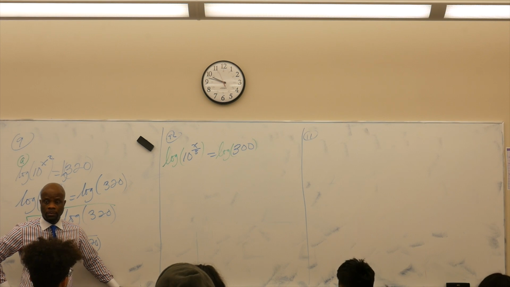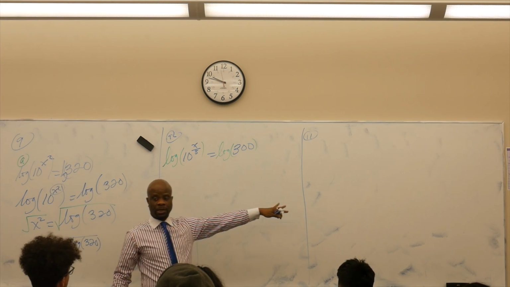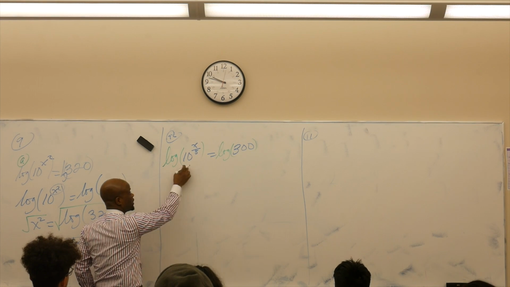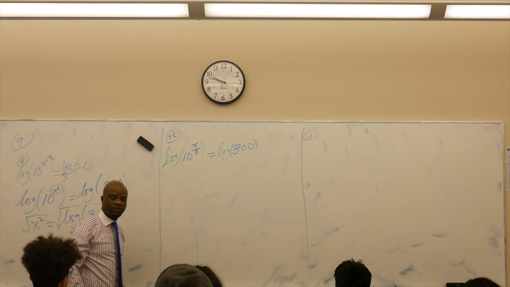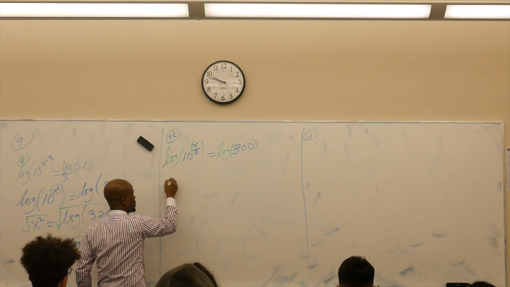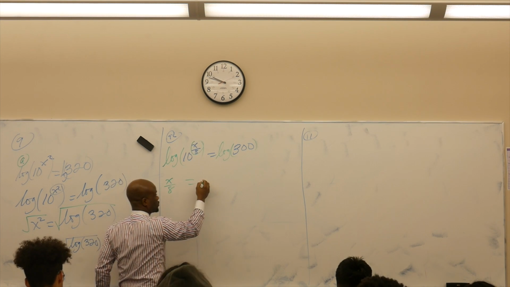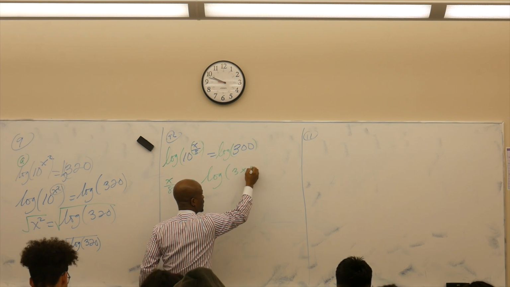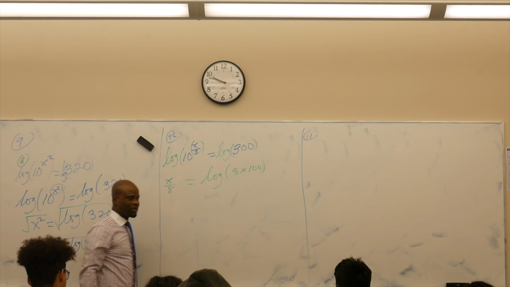Good. So again, using that Michael Jackson moment, right? Remember the time, log base 10 of 10 to something is just something. So x over 8 is equal to the log of 3 times 100. 300 is 3 times 100, right?